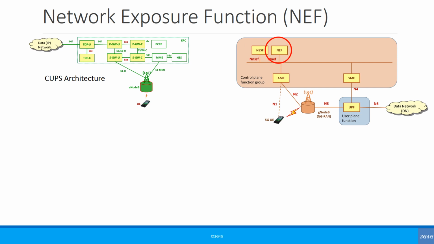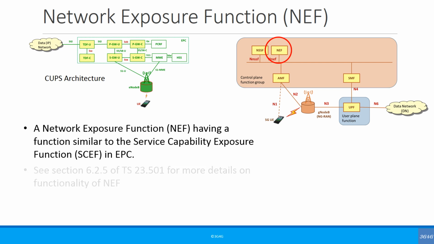So the network functions expose their capabilities and events, and may be securely exposed, for example, to third-party application functions, edge computing, etc. So it allows access to the shared data layer, like analytics, for example, using a standardized interface to the unified data repository. We'll see UDR in a minute.